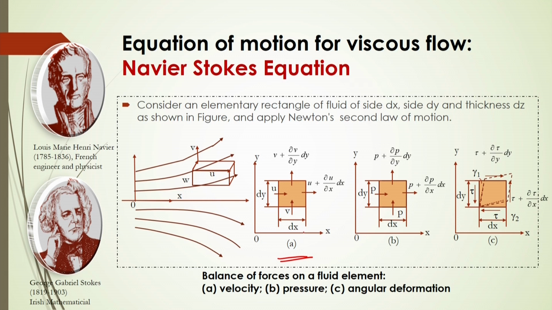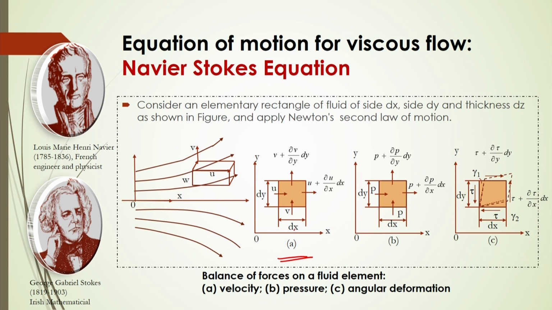In the z direction, perpendicular to this slide, the length is considered as dz. So, if we consider that elementary rectangle of fluid of sides dx, dy and dz, with dz as the thickness, we can apply Newton's second law of motion here.